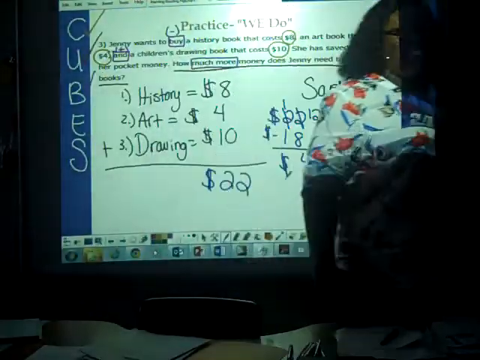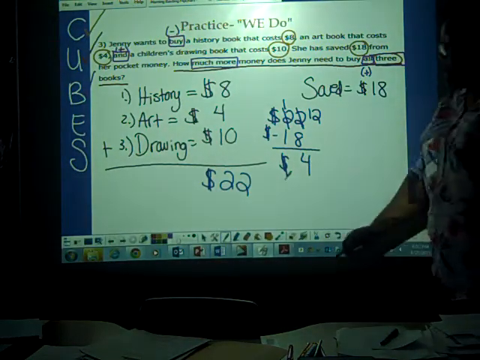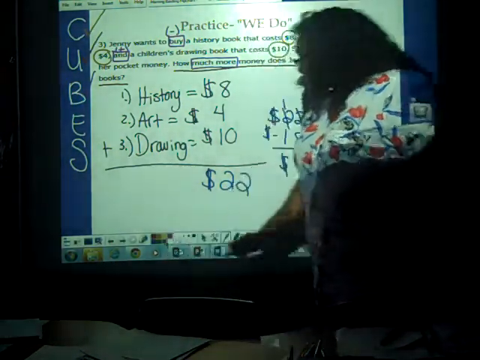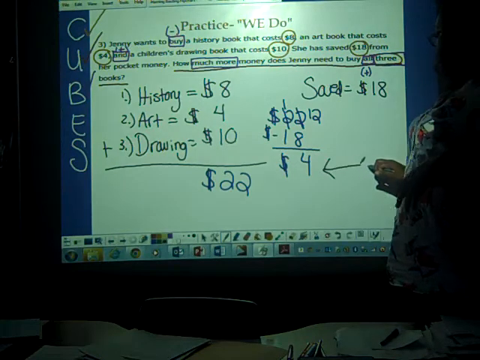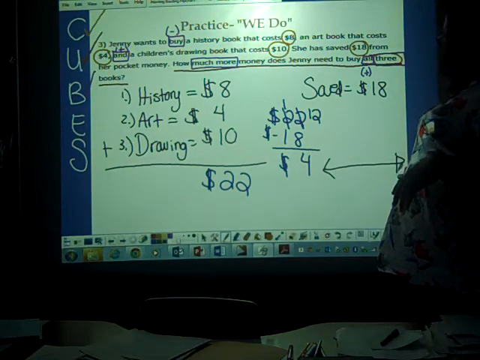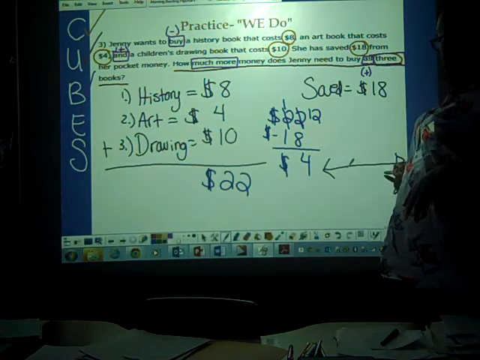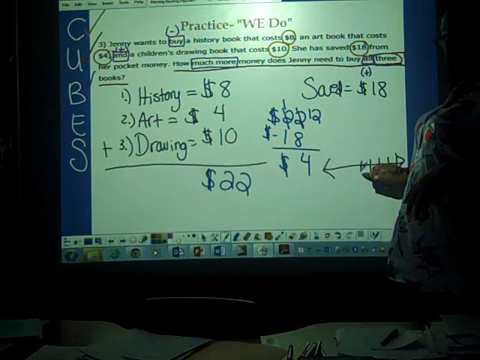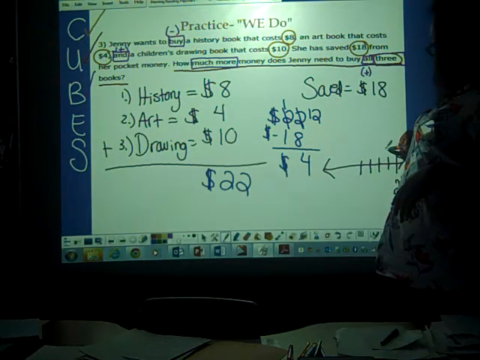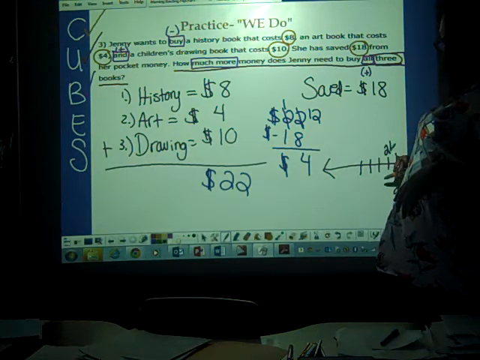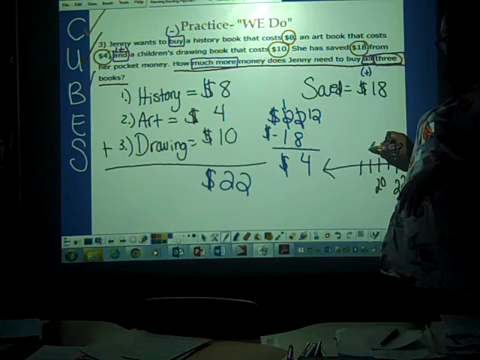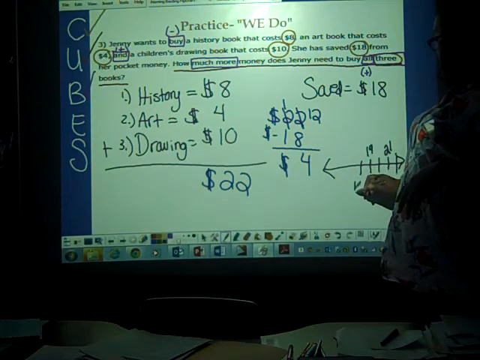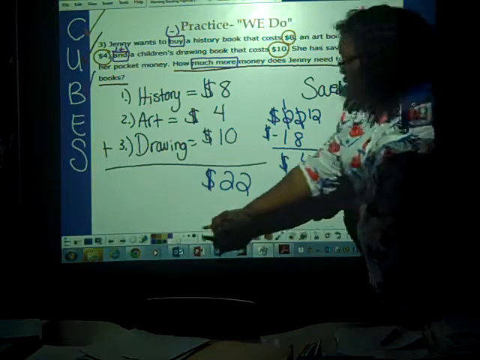She only has $18. You guys can also use a number line. Her goal is to buy $22 worth of books. $21, $20, $19, $18.